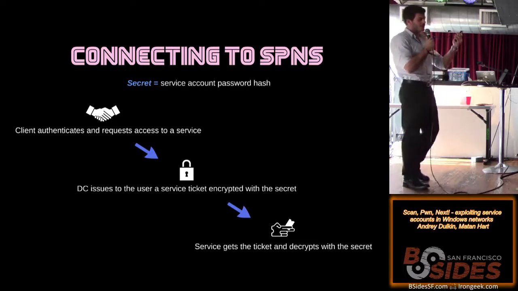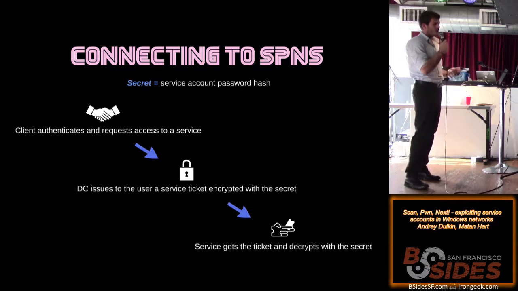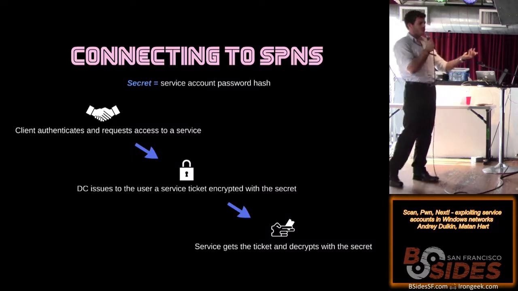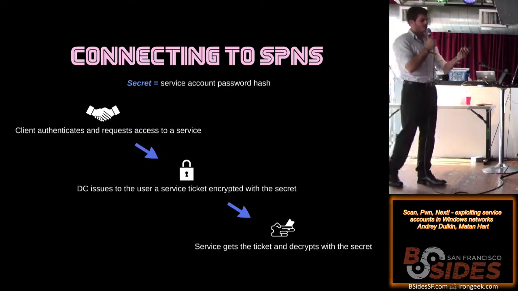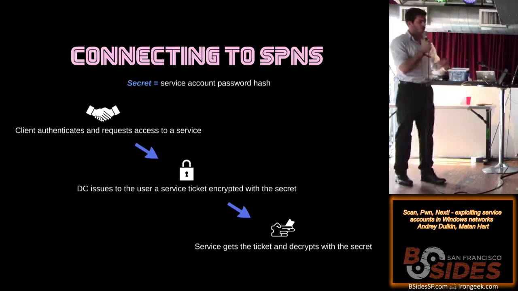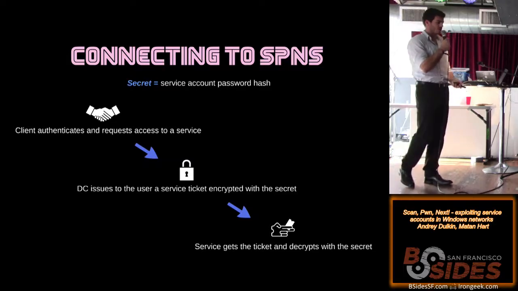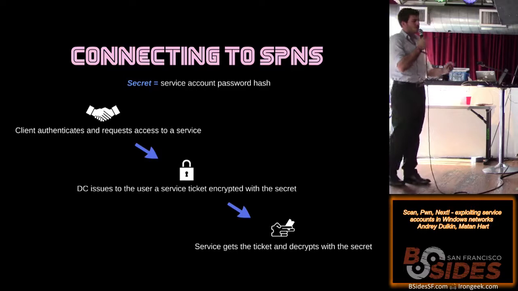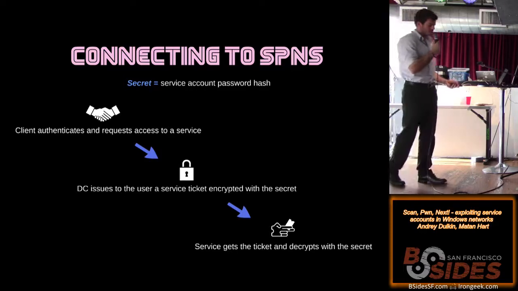So when the user gets this ticket, he cannot read or tamper with that ticket, and when he presents it to the service, the service can decrypt it using the secret and authorize the user based on the information in the ticket. So that secret I'm talking about is actually the service account password hash.